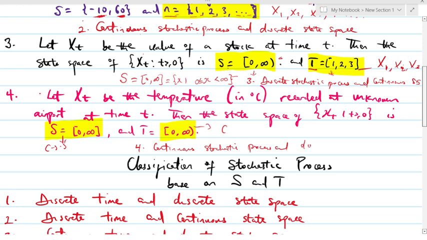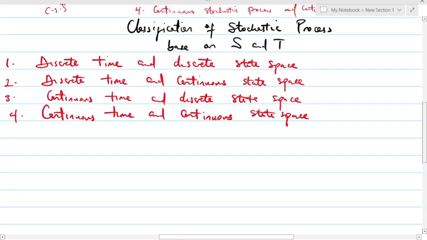No, it is not discrete. It is continuous, continuous state space. So you can now check the classification of stochastic processes based on the state space and the domain of T.